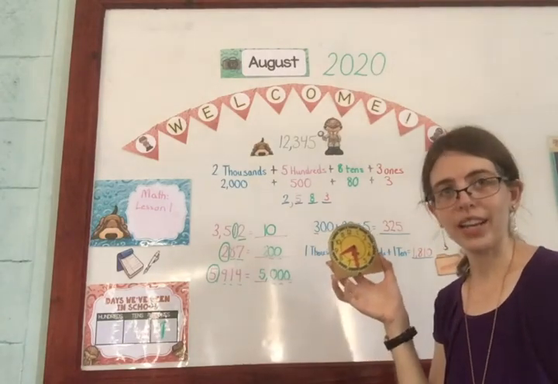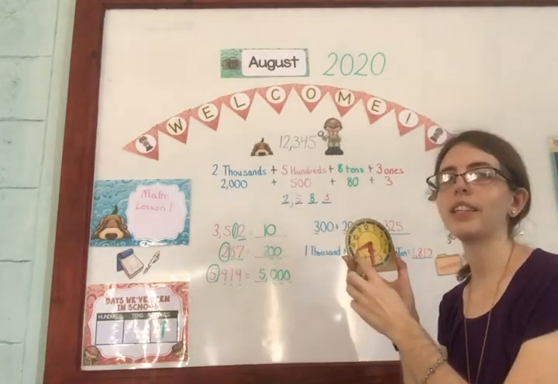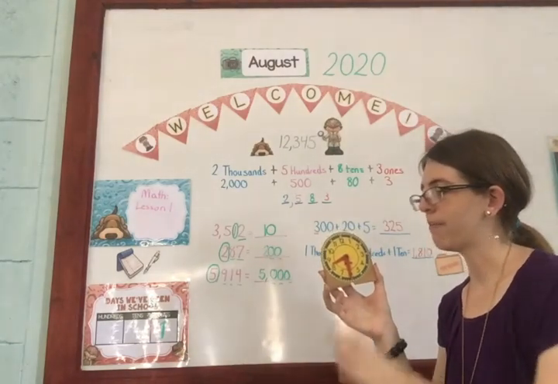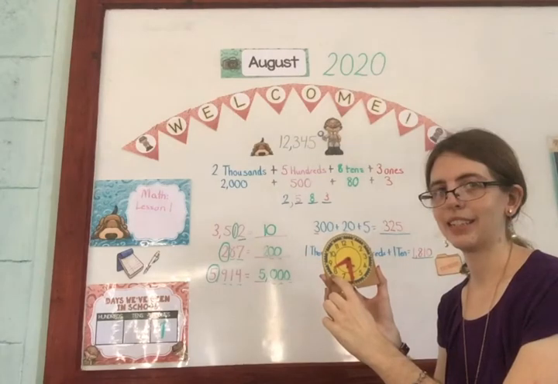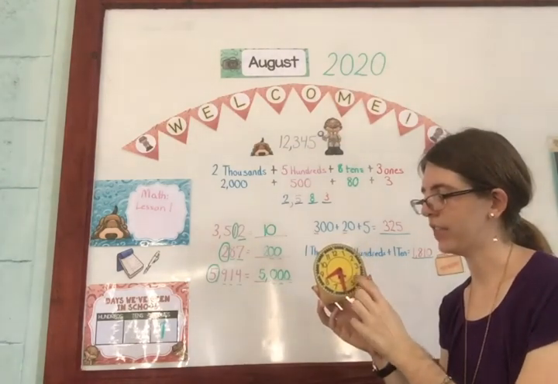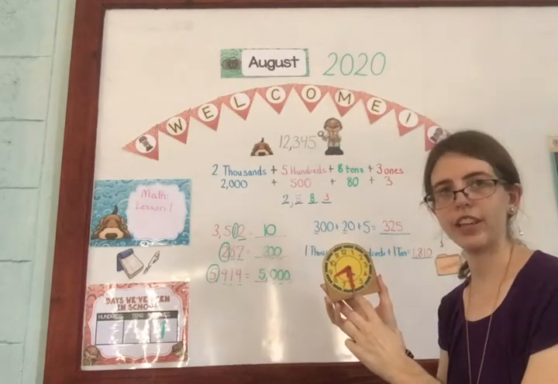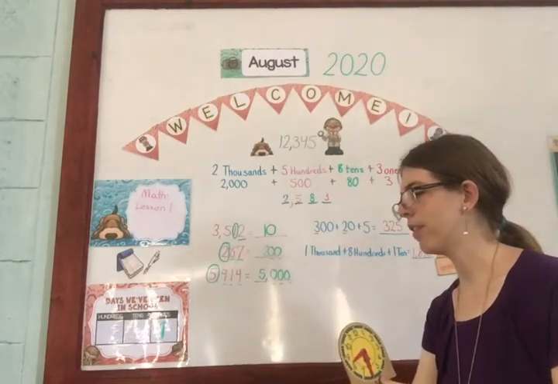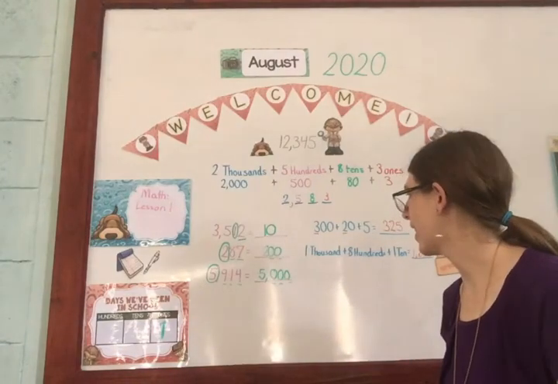Well, which hour is it? It always is the smaller hour. So my hour is 8. And my minutes are 5, 10, 15, 20, 25, 30. So it is 8:30. And remember that we write time like this.